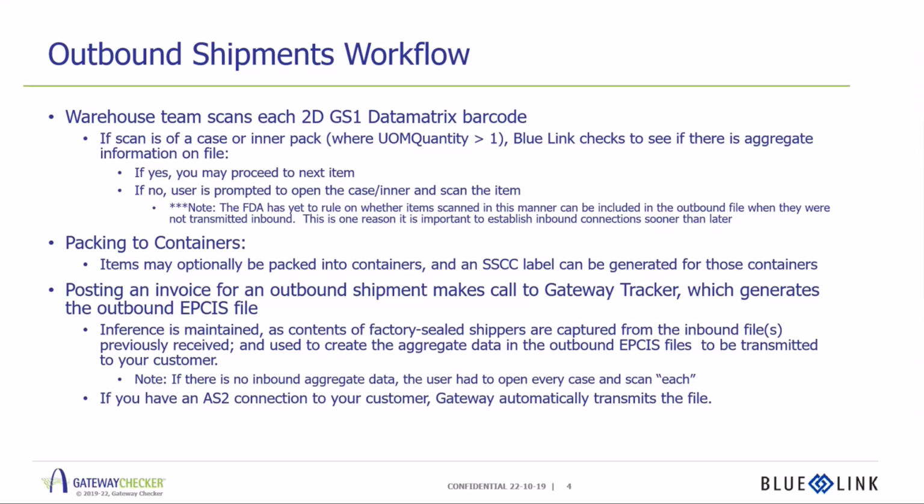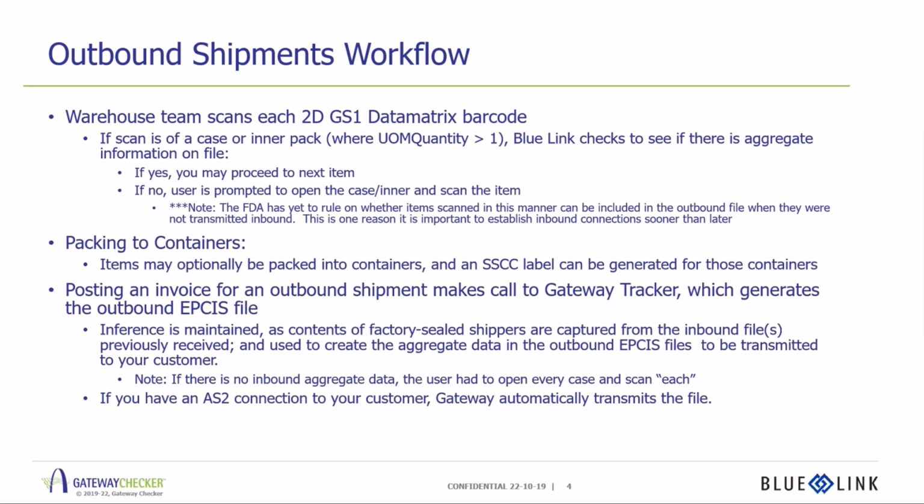If the thing that you open is an inner pack, and we look up the SGTIN for that barcode, and it's not in the system again, we're going to say, sorry, you have to open up that inner pack and then scan each individual bottle. When we get to the bottle level, we know that the quantity of the unit of measure is each, it's 1, and therefore we don't need to prompt the user to scan any further. So that's where it'll end.